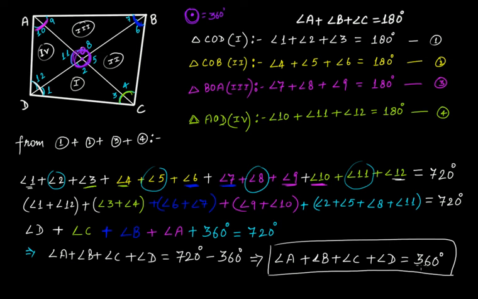Now the next question that should arise in your mind is, since this explanation is for the convex quadrilateral, what about the concave quadrilateral? And if you remember, we have said that yes, we'll discuss that. So this is a concave quadrilateral, and let's name all the vertices.